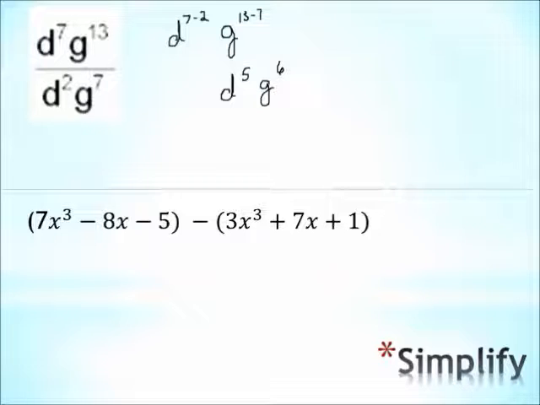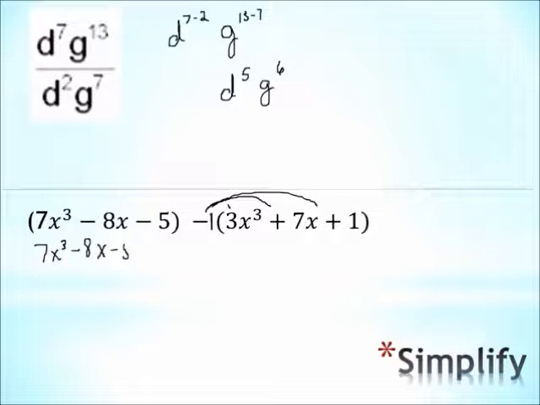On this next problem, we have a trinomial, subtracting the trinomial. So since we're subtracting, we're going to place a -1 here, and we're going to distribute that -1 to everything and rewrite the problem. So we have 7x cubed minus 8x minus 5 minus 3x cubed minus 7x minus 1.